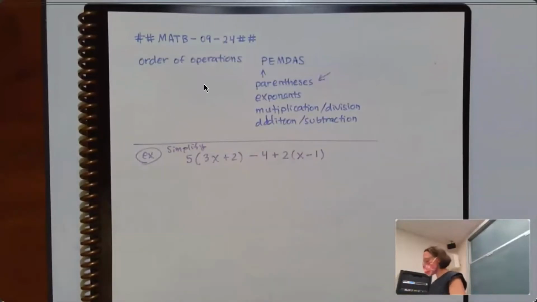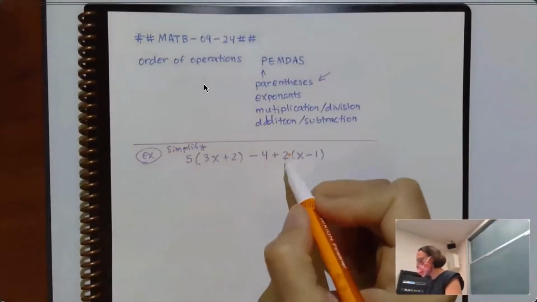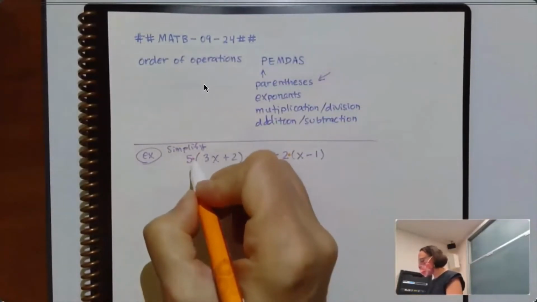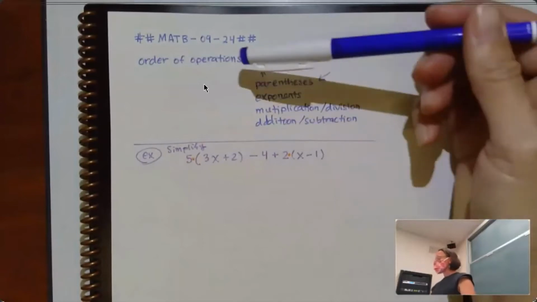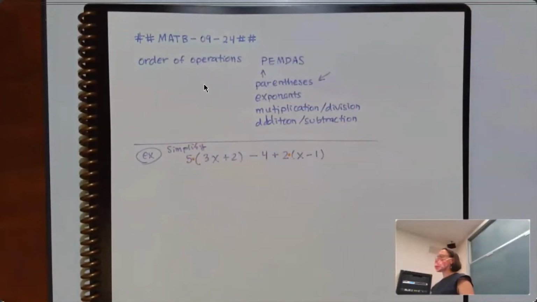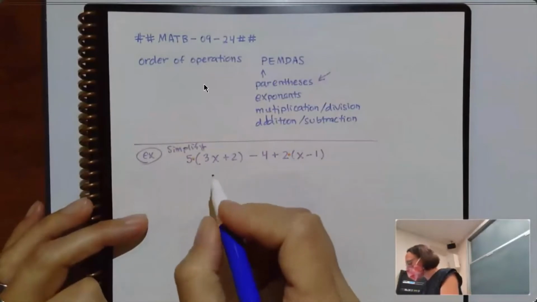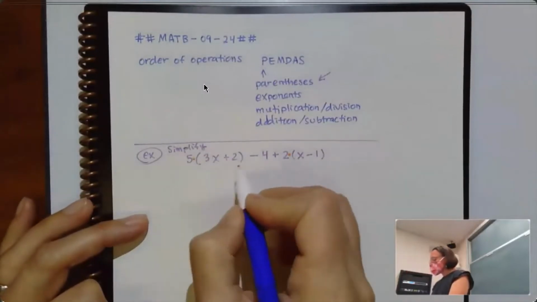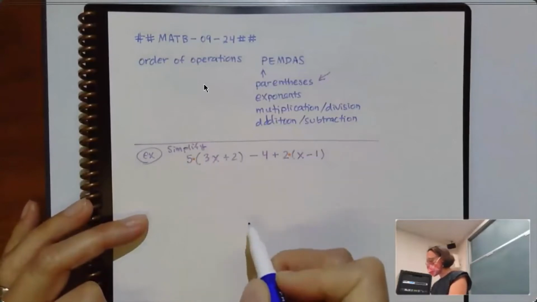The problem is that there's invisible multiplication in here between the number and those parentheses. And if it helps, write in that multiplication, because in terms of the order of operations, we have to deal with the multiplication first before we're dealing with addition and subtraction. So I'm going to distribute that 5 through, which means this statement says 5 is multiplied by the 3x and by the plus 2.